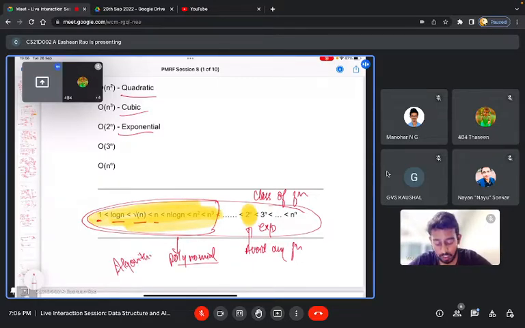We're going to discuss more about this in the next session, but to summarize, we have different classes of functions, and we have to observe, identify, and try to make our algorithm faster, because 1 will be the fastest, log n will be a little slower than 1, but a log n algorithm will be faster than an n square algorithm. That is something we are trying to identify through our analysis.